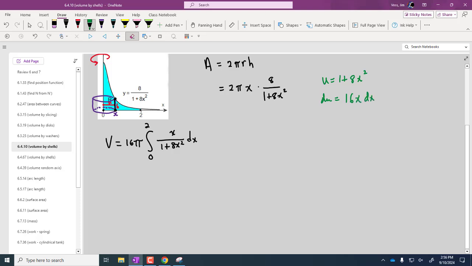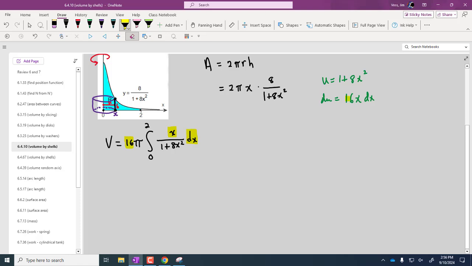Now that numerator, we can be a little clever here if we want. This 16 out in front, that's just a constant. So we could say, let's imagine that constant sitting inside the integral. Then 16x dx, that's all going to be replaced with du.